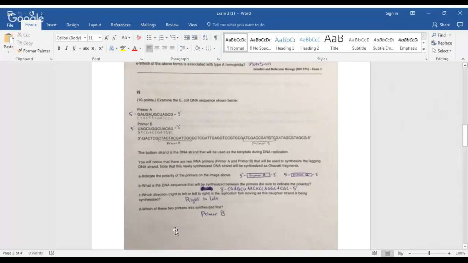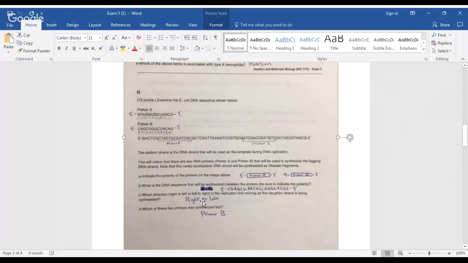And because transcription goes from 3' to 5', we know that it's going to copy from this direction to this direction, which answers question C. No, just kidding. We know the order for part B.